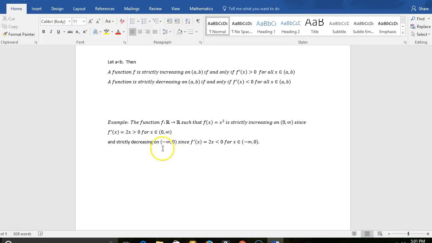Since f prime is purely positive for x on the positives, the original function f itself is strictly increasing. And f prime is negative for x on the negatives, so f itself is strictly decreasing on the negatives, coming from left to right.